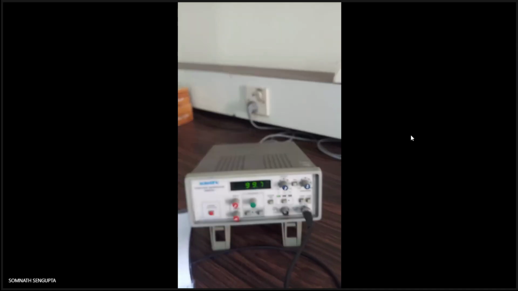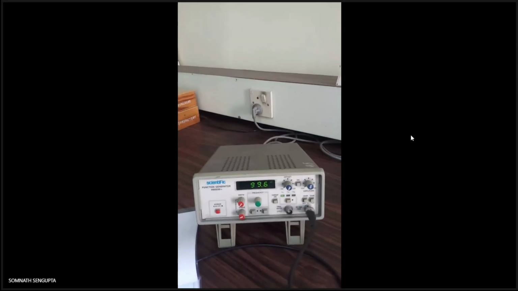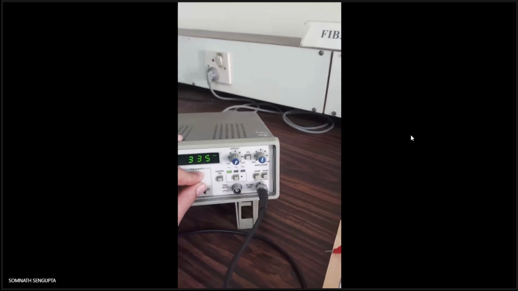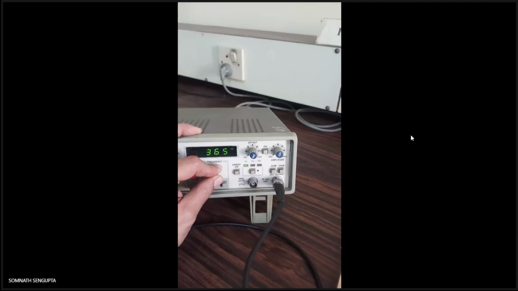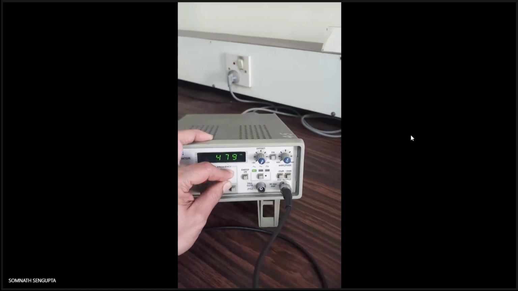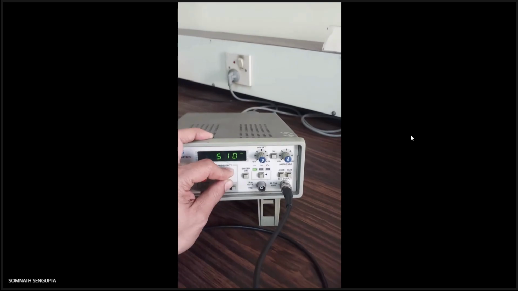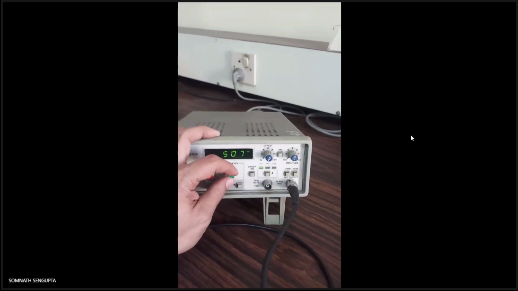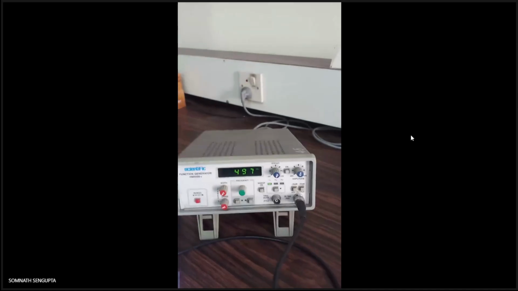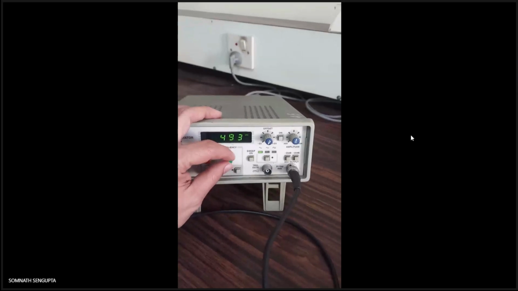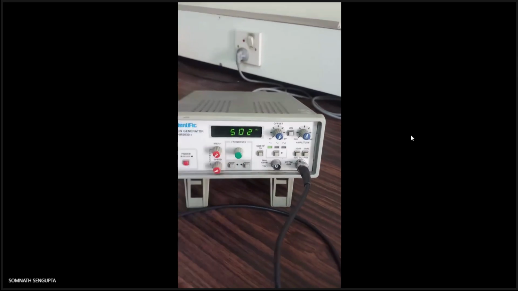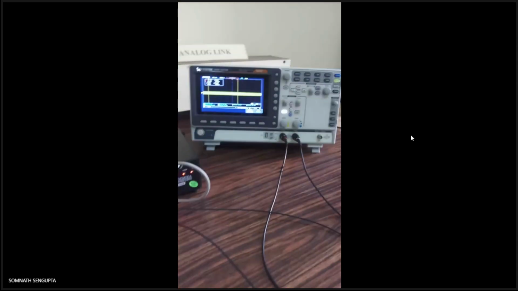After that, say it is 500 kilohertz. 497 or 500, let us keep it. 500 kilohertz. Then you see the response.